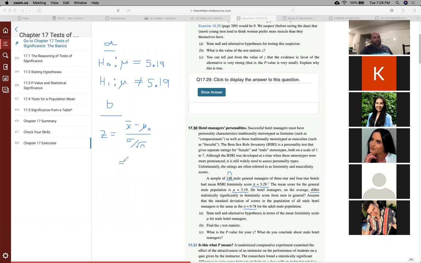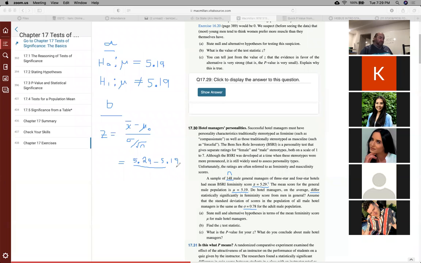What is X bar in this example? .29. They literally tell me that. What is mu naught in this example? .19, because that's the null hypothesis.